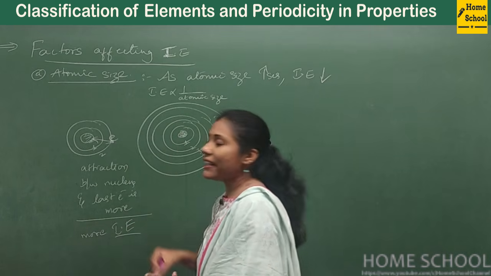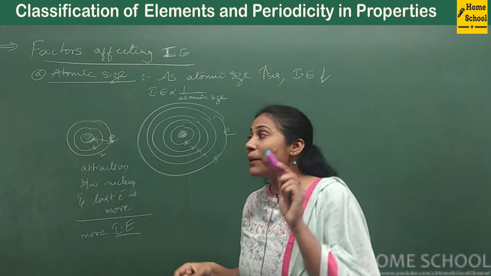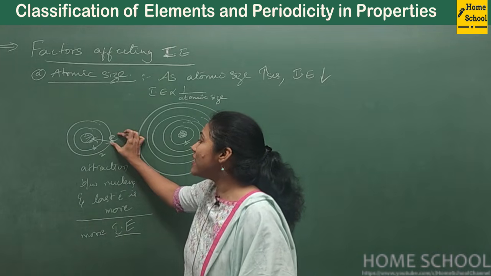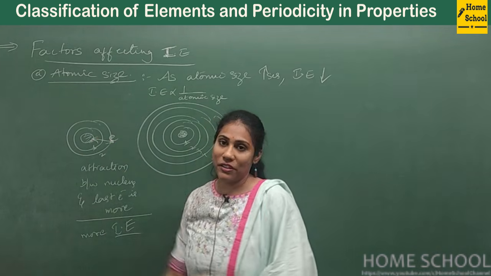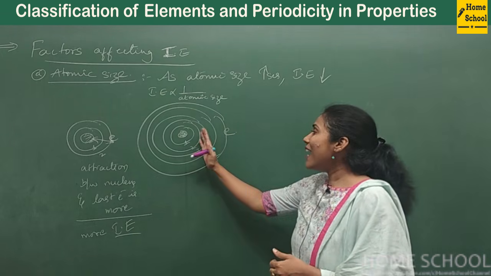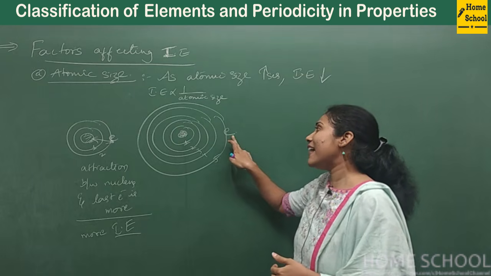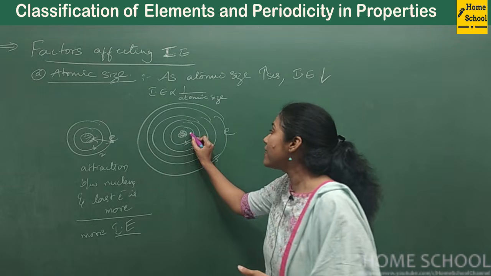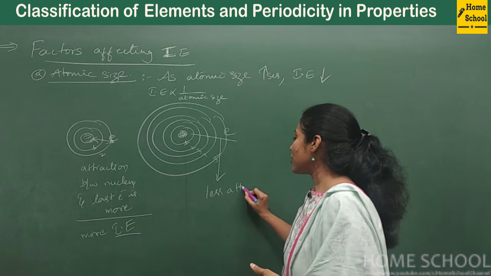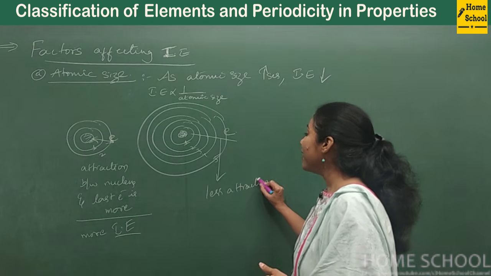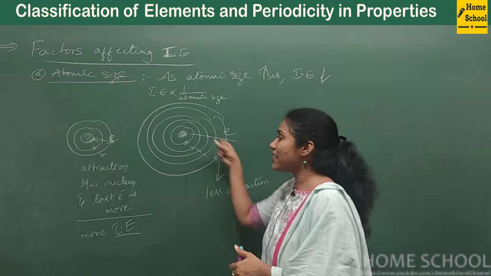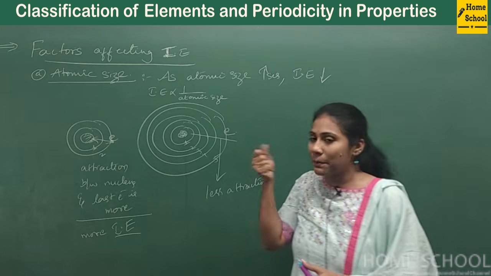So in this case, more ionization energy. After all, what do you mean by ionization energy? Energy to remove this last electron, right? So it's not easy to remove this electron because of high attraction. Whereas you see the electron is somewhere very far. As the distance between the nucleus and the last electron increases, you will observe less attraction. So this electron is not too much attracted towards the nucleus. The nucleus is not holding this electron that tightly.